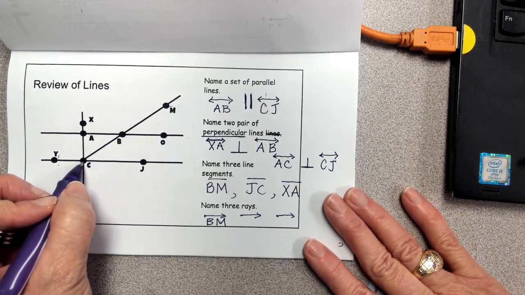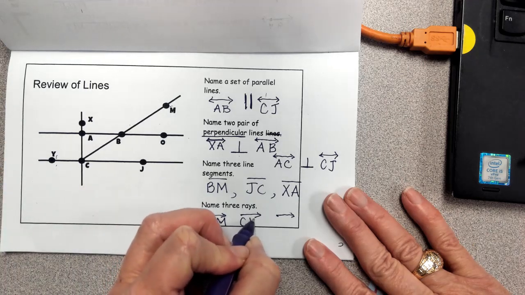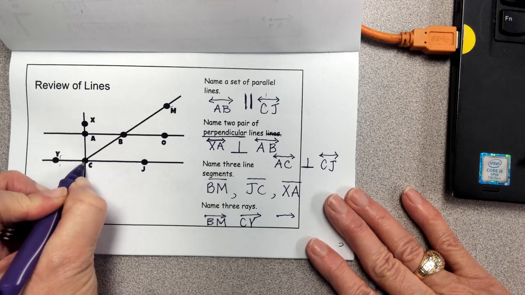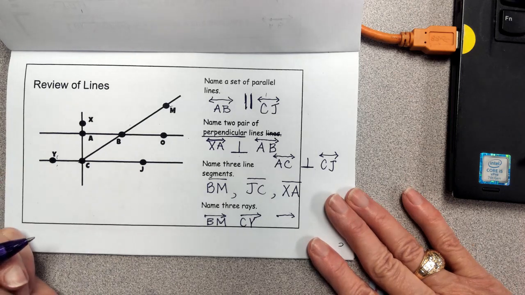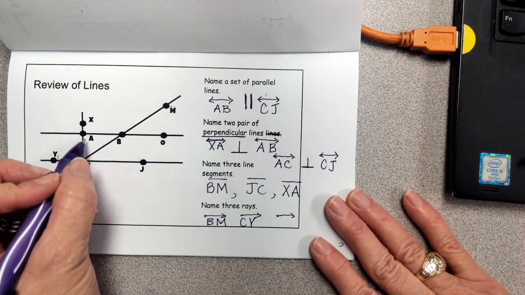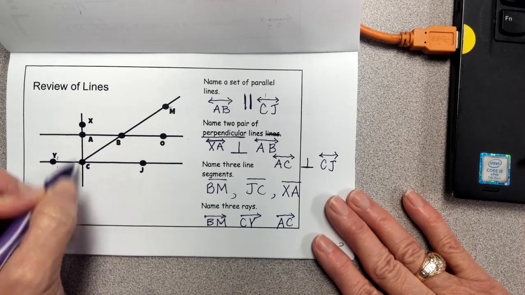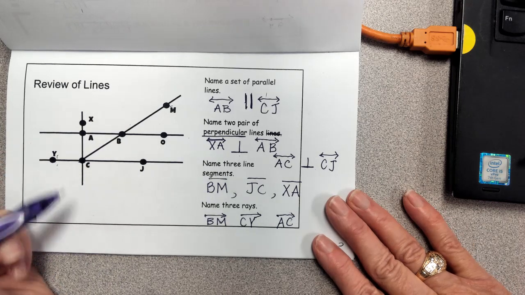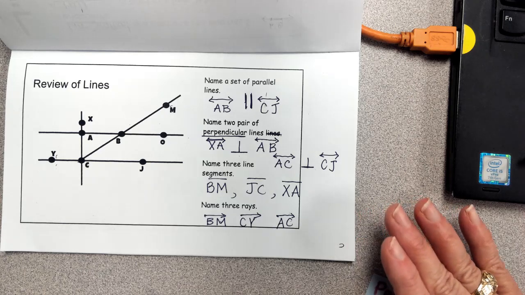Another one could be CY, meaning I start at C and I'm going towards Y. And then another one that we could say would be AC. Lots of options here when you think about your rays. But these are your symbols that you need to be familiar with.